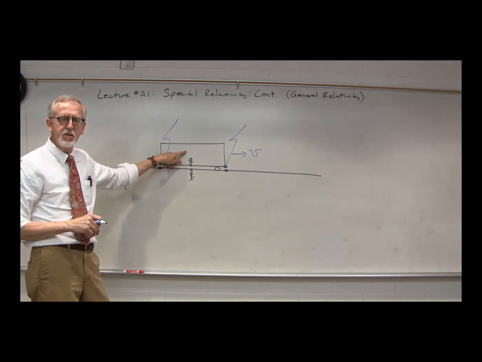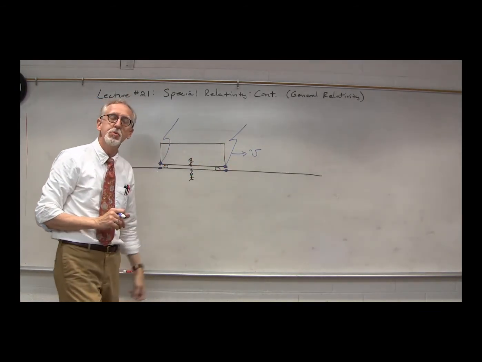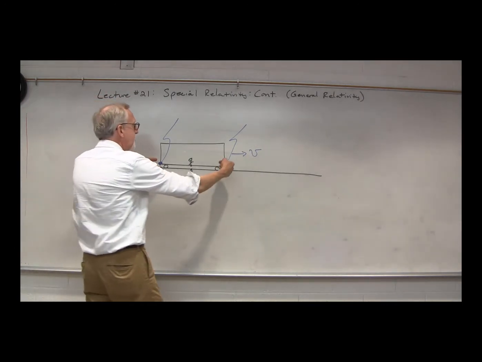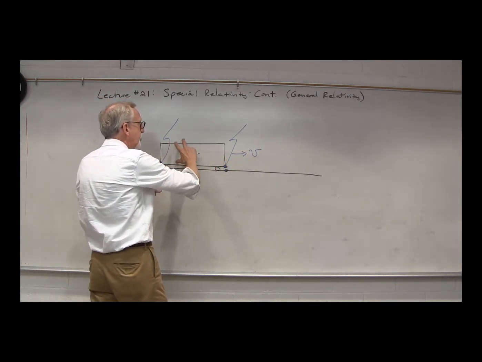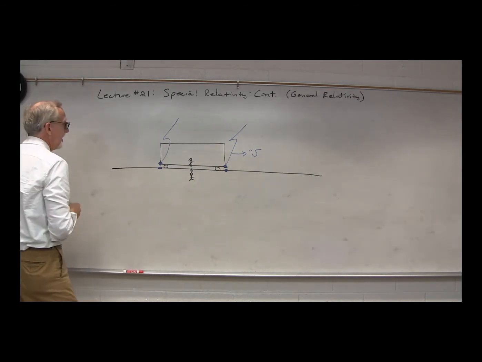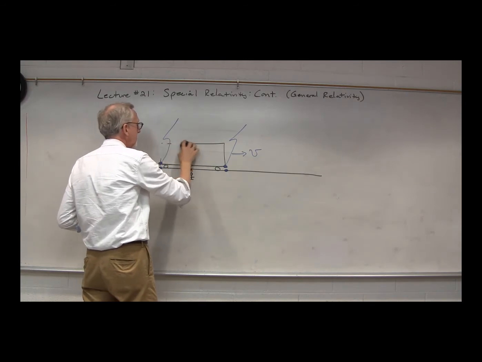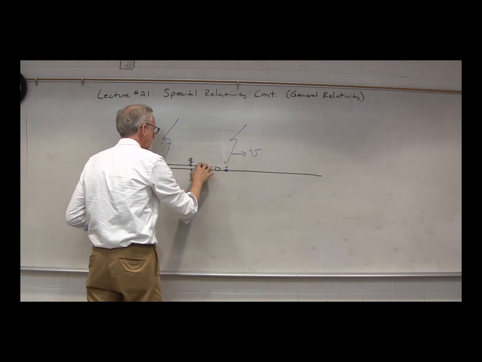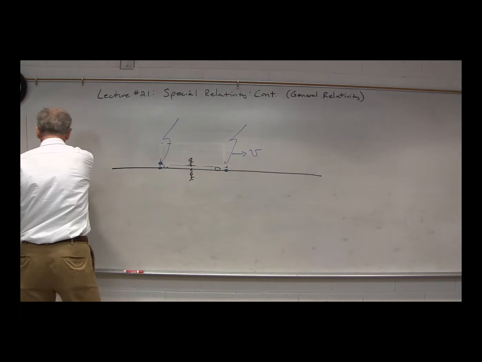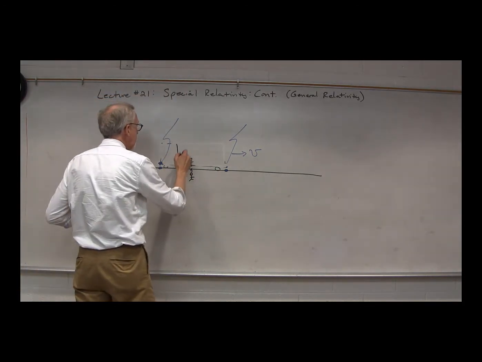However, what about the person on the train? The events occur, but the train continues to move to the right. As the light comes together, the train moves to the right. The train, let's say, has moved over to this position over here.